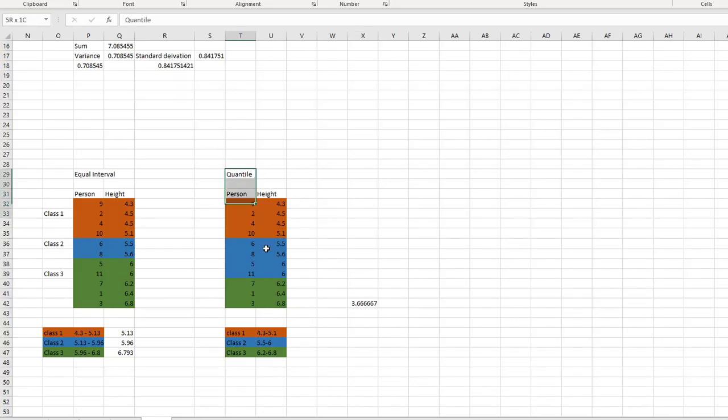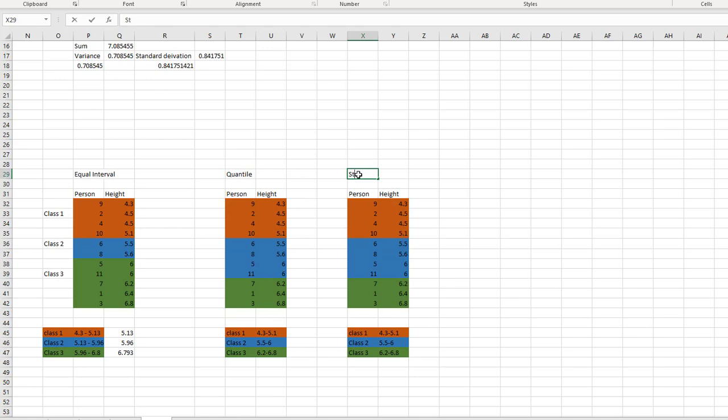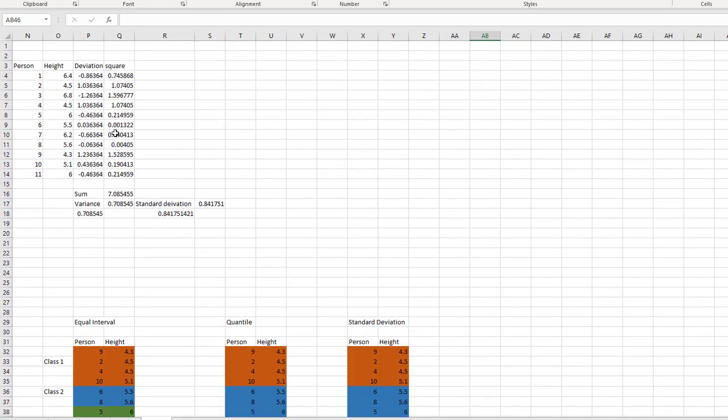We're going to copy the stuff that we were working on last time, and we're going to look at standard deviation. So some things we need to know. We need to know the standard deviation, which we actually calculated in the previous set of videos. This was our variance and standard deviation example. So we're going to pull that standard deviation, that 0.84.